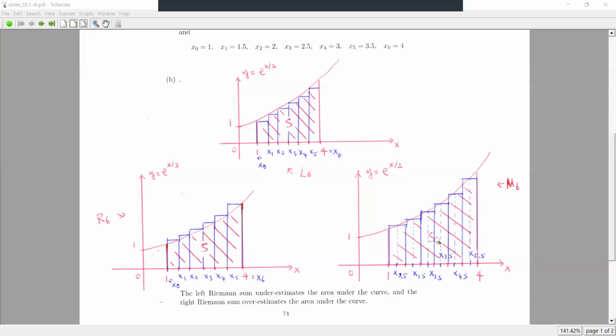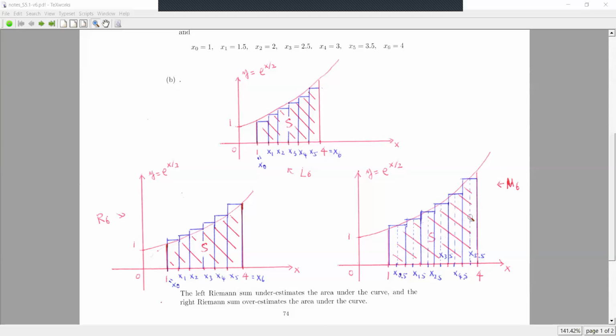Now, the sum of the areas of these 6 rectangles is the midpoint Riemann sum. The notation is M6, where M means midpoint. This time, from this diagram, I cannot tell which is larger, the area of the region S or the sum of the areas of these 6 rectangles.